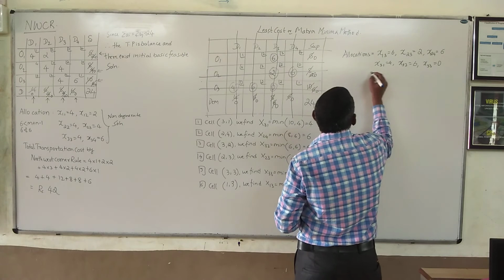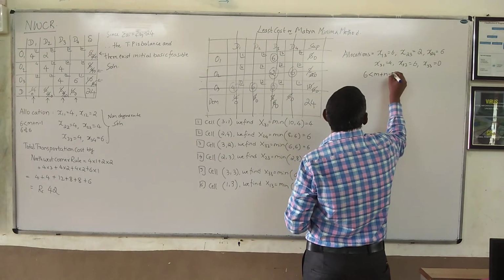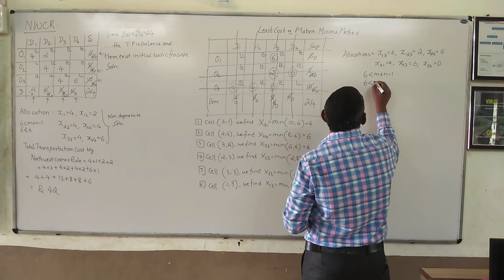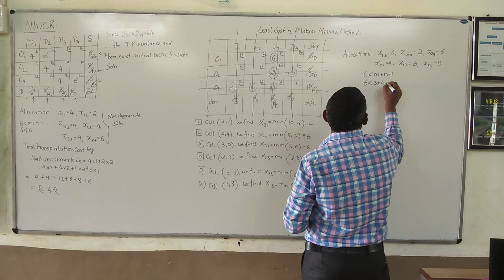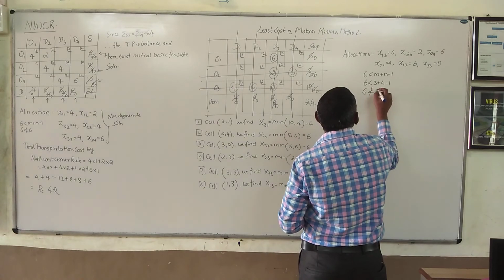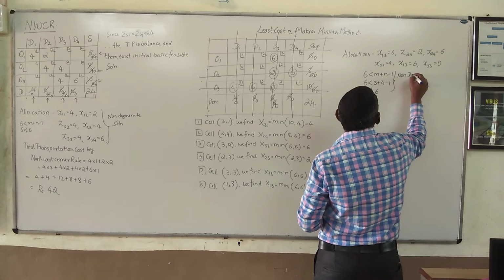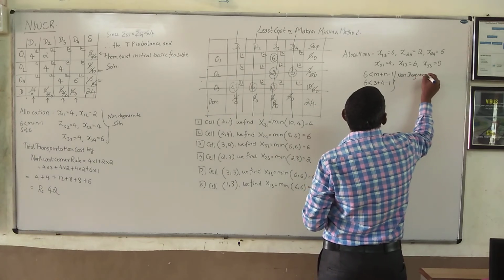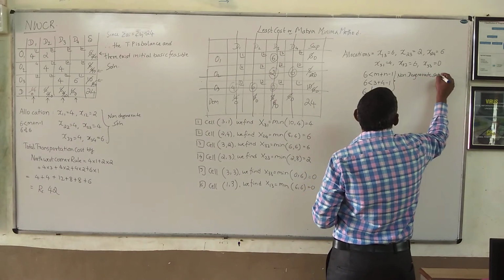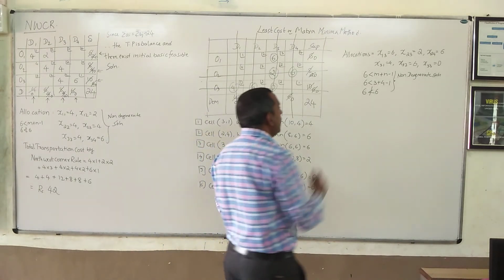So it is 6 allocations, which is equal to m plus n minus 1, that is 3 plus 4 minus 1, which is 6. So it is a non-degenerate solution.